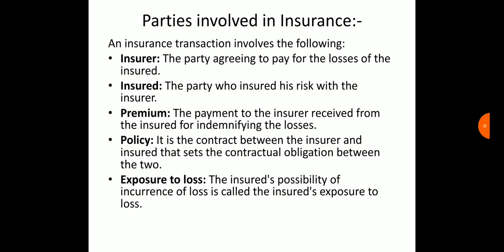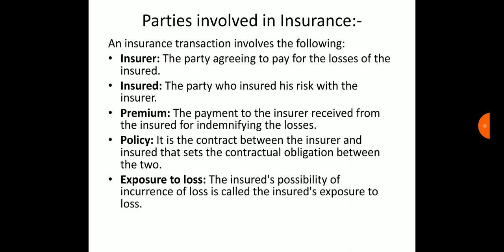Parties involved in insurance. An insurance transaction involves the following. Insurer: the party agreeing to pay the loss of the insured. Second, insured: the party who insured his risk with the insurer.